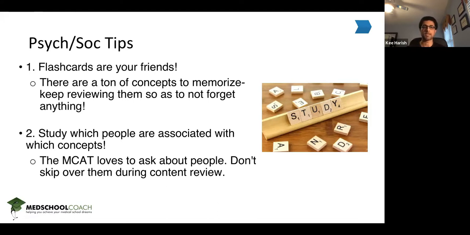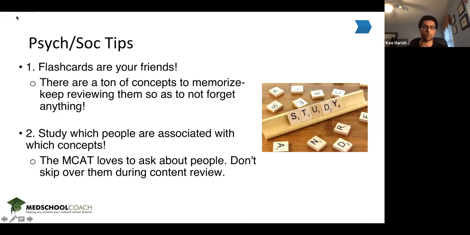Flashcards are your friends. And secondly, one thing that a lot of people tend to miss is that this section requires you to know the people associated with the concepts. Going through science classes and reading textbooks, a lot of textbooks start with, Archimedes was an old Greek dude who liked water, X, Y, and Z, and you tend to skip that stuff and move on to the science portion of it.